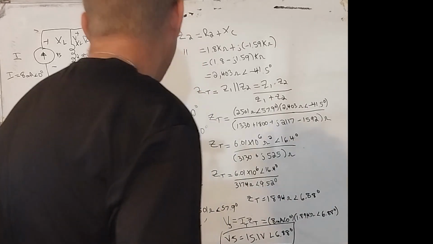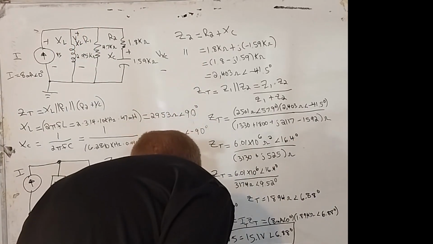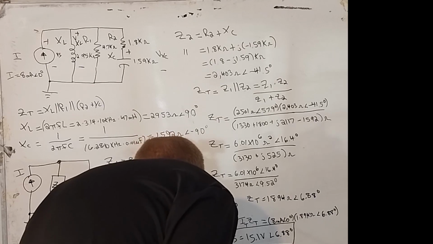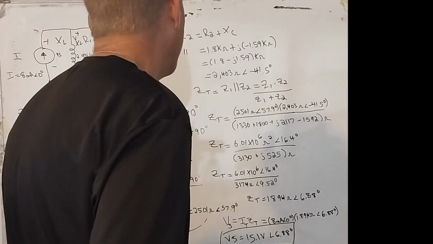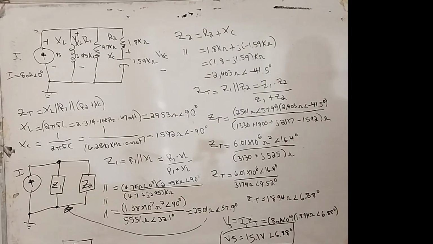And we're going to divide that by Z sub 2. Z sub 2 is 2,403 ohms, and that's at an angle of negative 41.5 degrees. So even to get X of C, we got to go a little bit further in calculations.